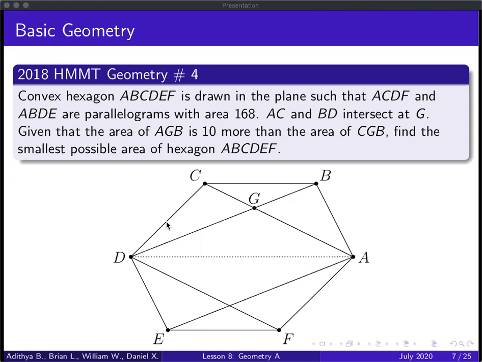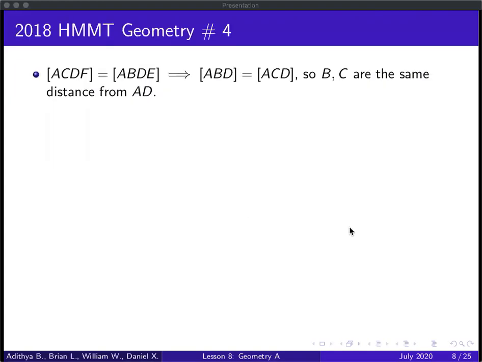So we have these two equal areas, which basically means, since the bases of these two triangles are the same, that B and C have to be the same distance from these bases.